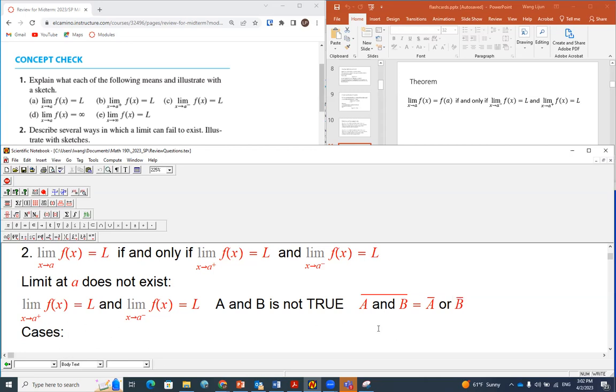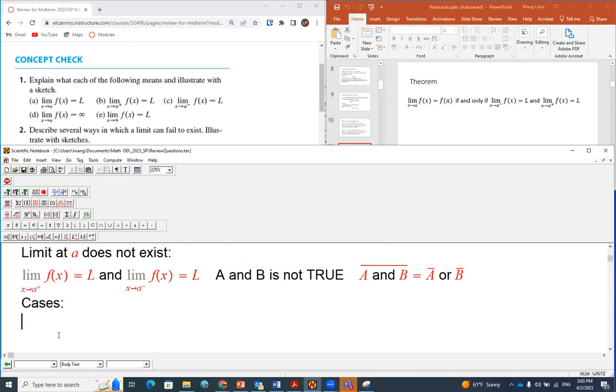So it could be that A is not true. So the first case, case 1, would be the limit that does not exist.